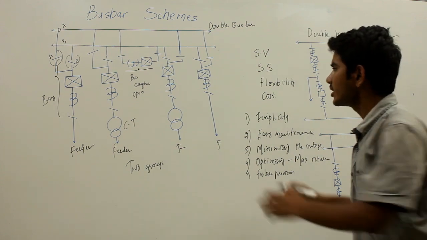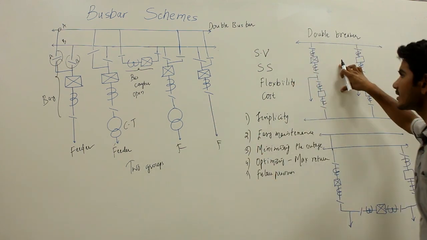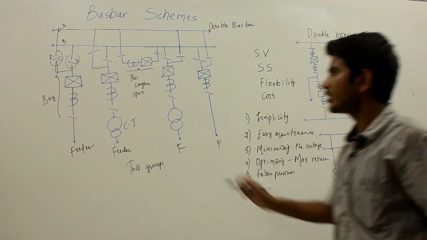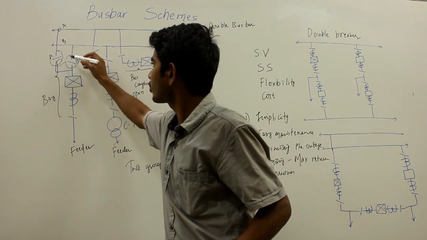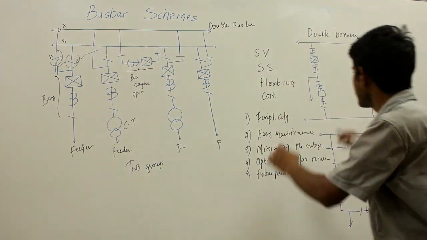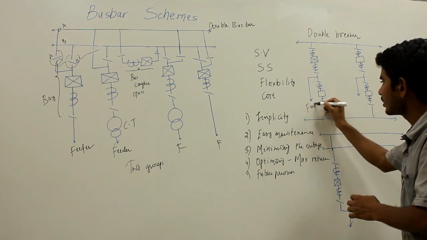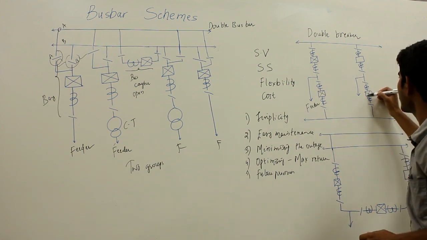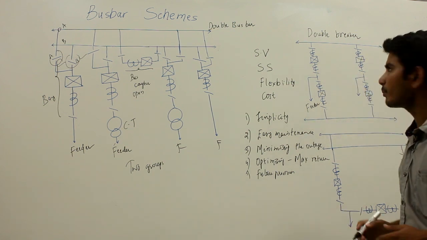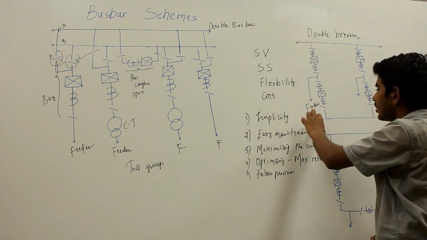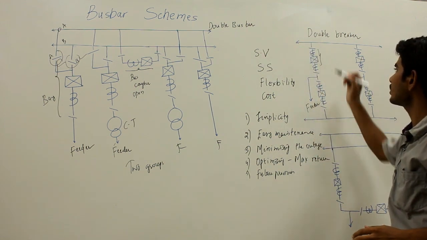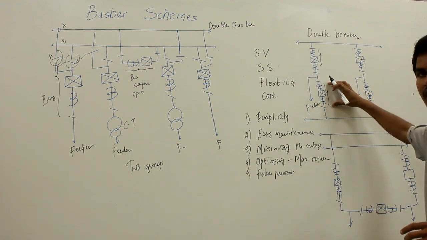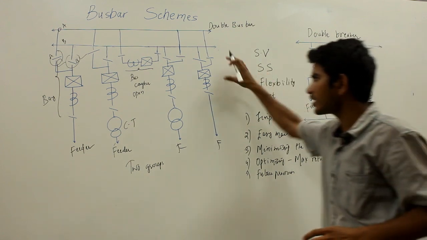The only difference between the double bus bar and the double breaker scheme is that in the double bus bar scheme we used only the isolators to connect the feeder to the bus, but here, along with the isolator, we are also using individual breakers with the respective buses. Here I am using an isolator along with the breaker, and here also I am using an isolator along with the breaker. So that is the basic difference.